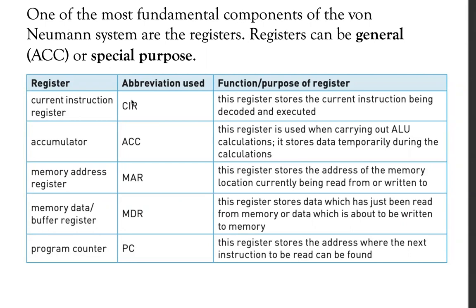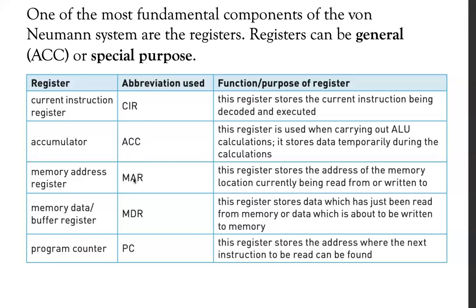Like we just saw, the current instruction register is a very special purpose register. The contents of this register will always be an instruction, and the meaning is that this instruction will be executed now. It's now turn to execute this instruction. That is the very specific purpose of this register.